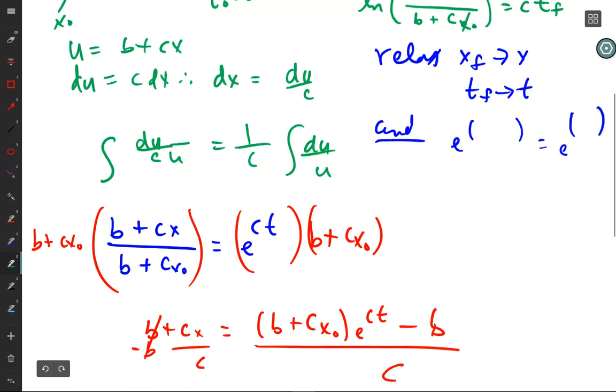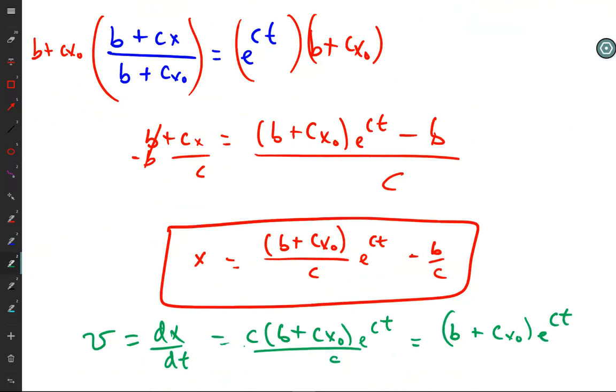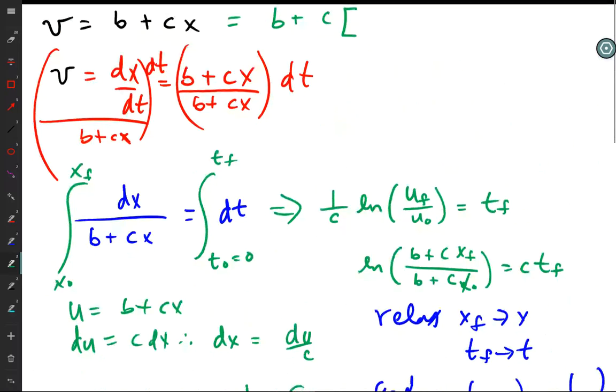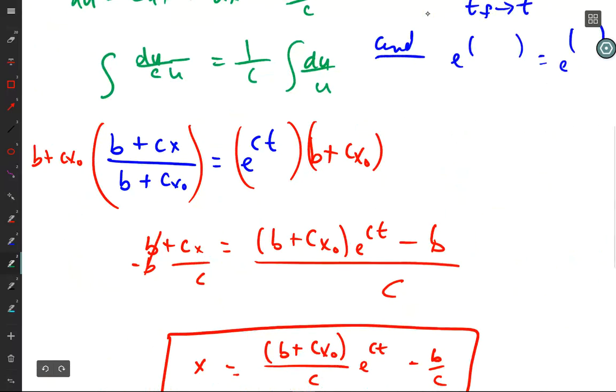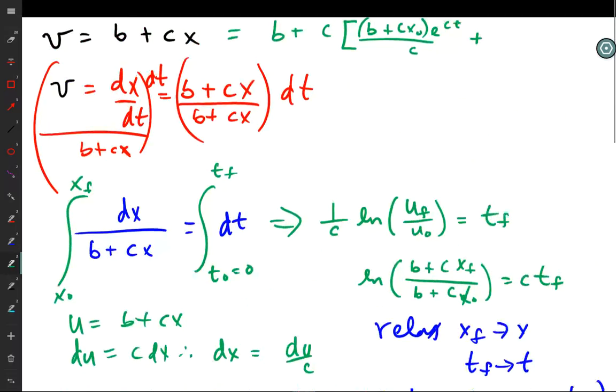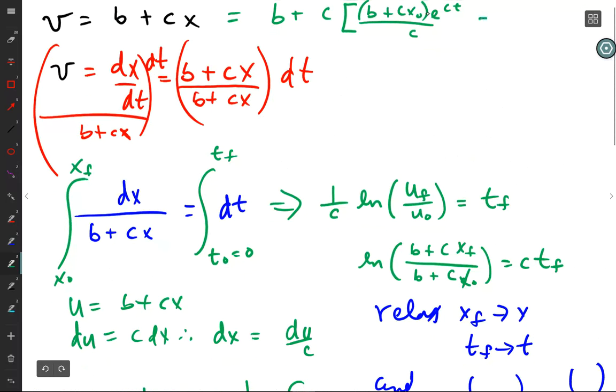My x function was this thing here, minus b over c. I could have substituted the x into that equation as well. It better give me the same result.